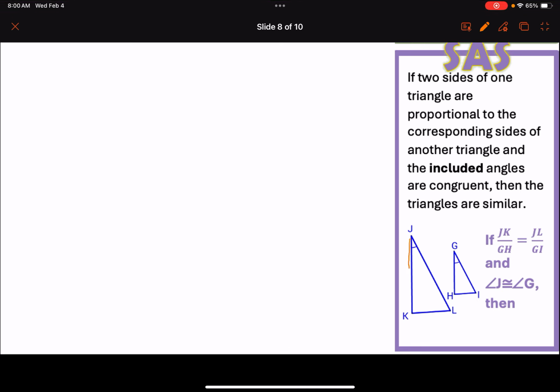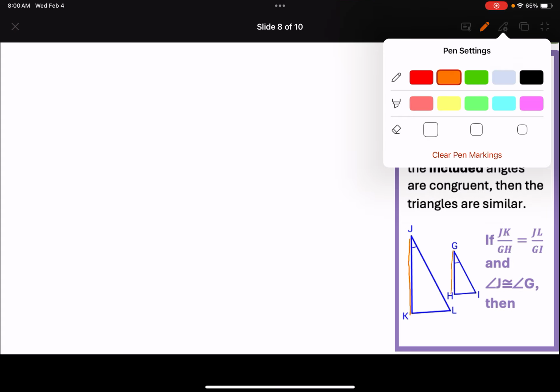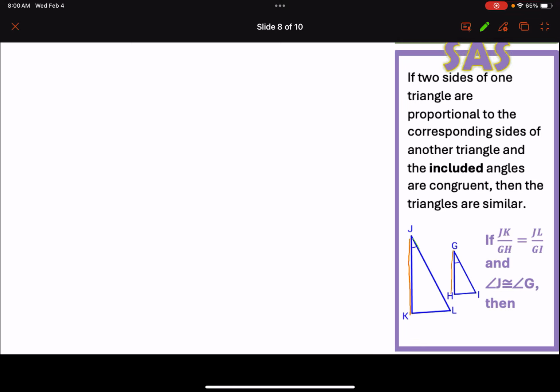So JK over GH has to be proportional to JL over GI, and the angle between them has to be the angle that we're talking about, the included angle. And so then if that happens, triangle KJL is similar to triangle HGI.